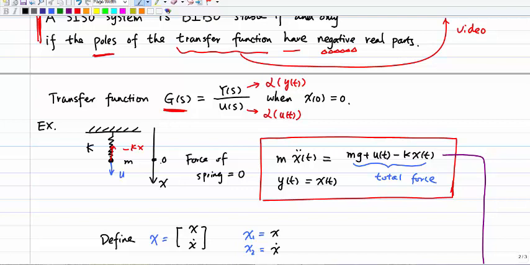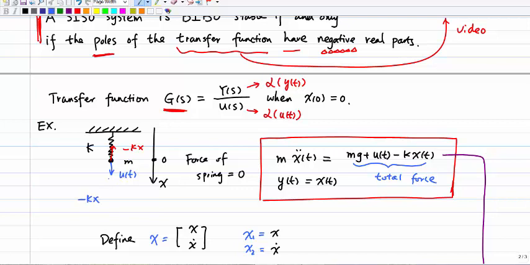Okay, so here assume that I apply some force, which is u(t), to this object. This is my input. I also assume that the force applied to the object by the spring, associated with a different length, is given by negative k x.